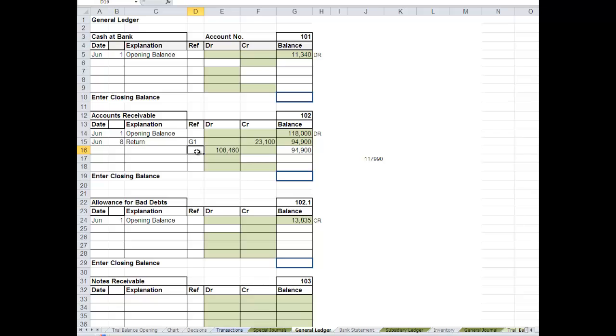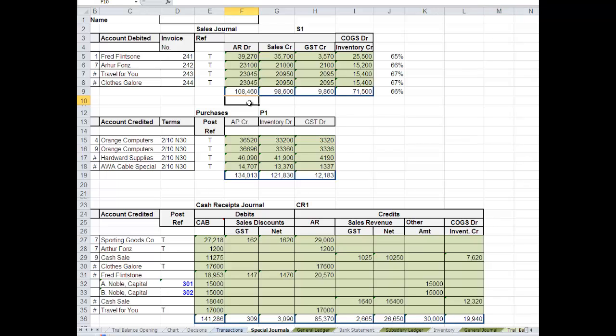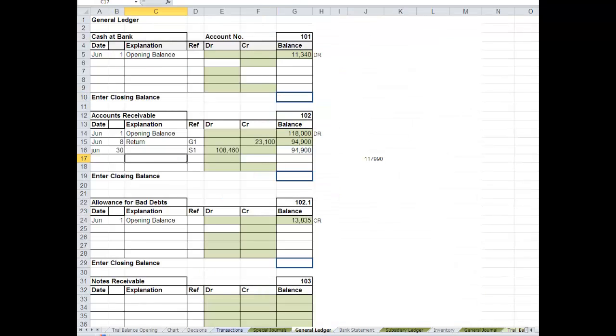We know this is sales 1 and it's going to be the last day of the month, June 30, and I can go back and put in there 102 to say we've posted that. Now post to sales, 98,060 to sales.